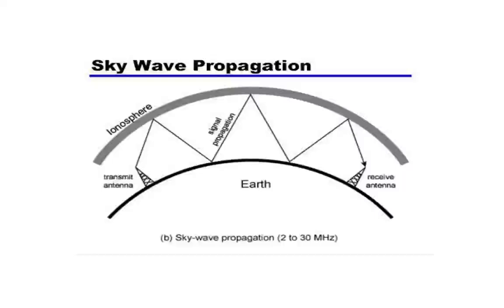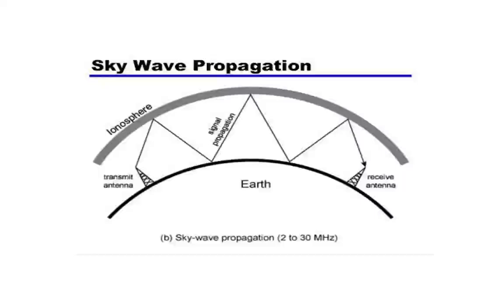It requires very high frequency so that it can reach the destination. It supports more than 50 to 100 kilometers, but disturbances are more. The signal which drops to earth should land in a particular area. Otherwise there is no deflection, and it won't reach the destination.